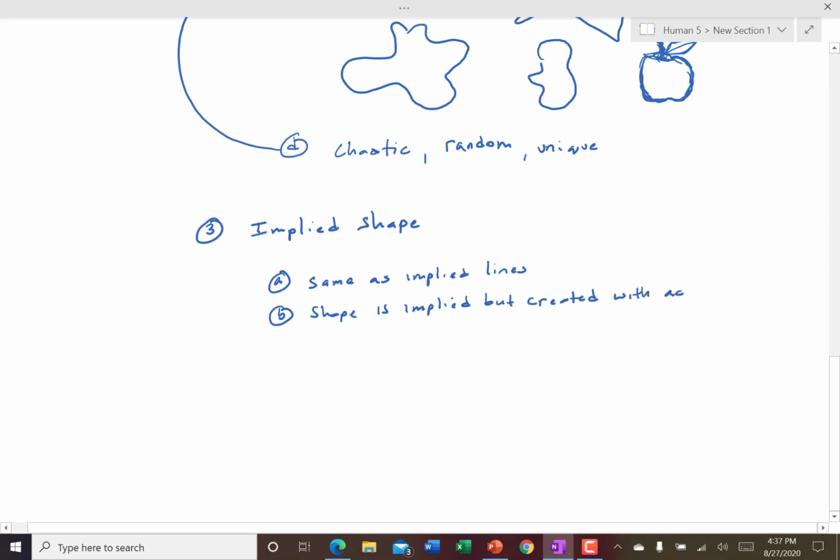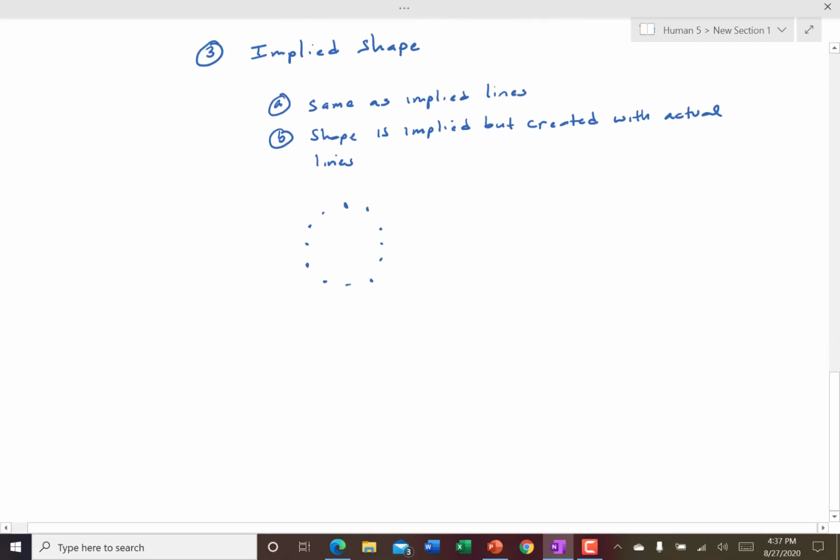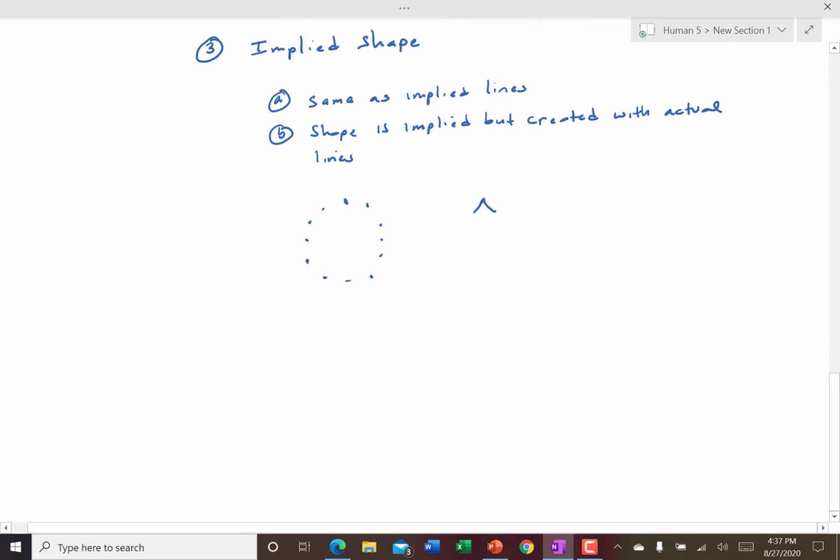with actual lines. So in that you can have, you know, like a circle that does any of the connect the dots, right? If you've ever done the activity of connect the dots, that's implied shapes. And the implied shapes, just like implied lines, can be very creative in what they do, right?